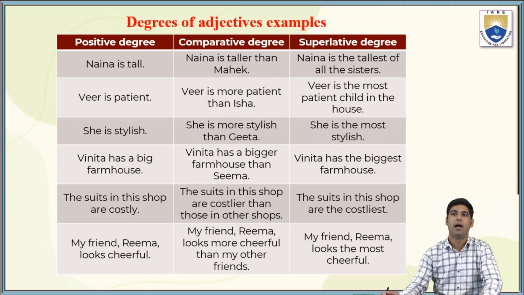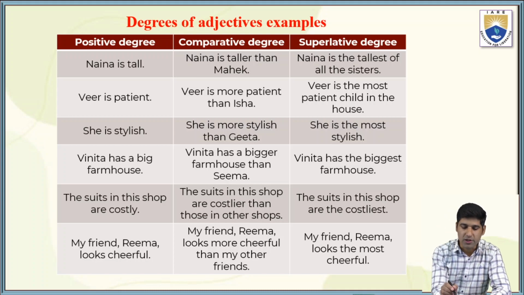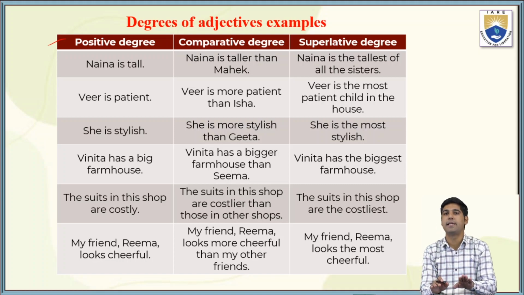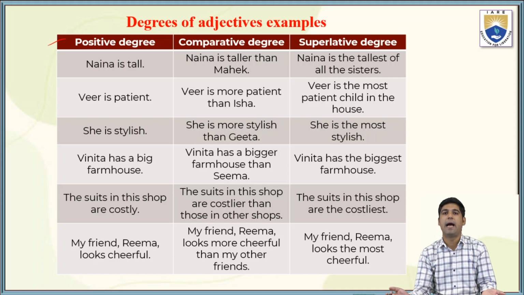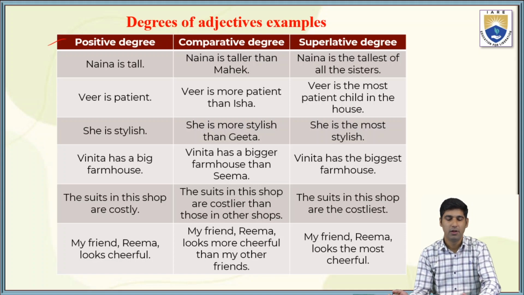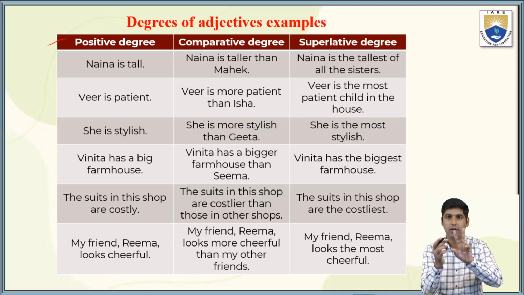Now see, by this example you can get to know. I told you the positive degree: no comparison is made. It shows the mere existence of the quality of that thing, person, or place which we are speaking about. Comparative degree is making comparison between two people, two ideas, two objects, two opinions, and so on.